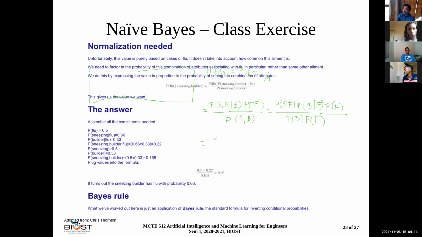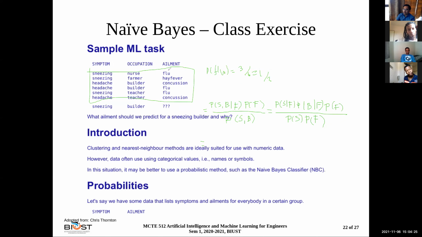Let's write out everything. So probability of flu, we know it's 0.5 from the table. Given the flu and you're sneezing, 1, 2, 3 flus, and sneezing is 1, 2, so 2/3.